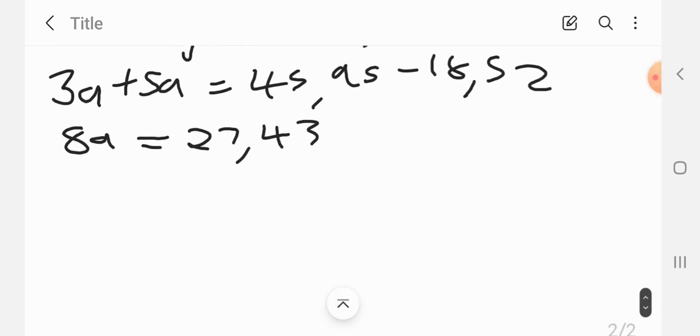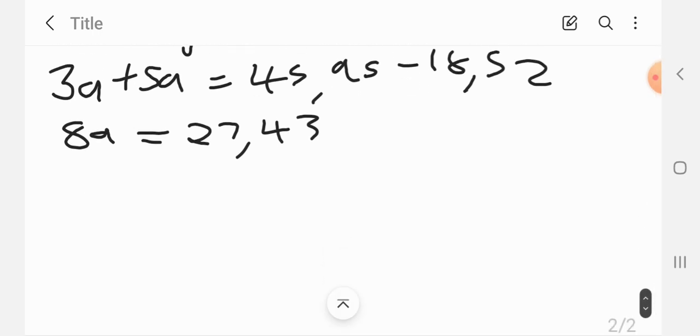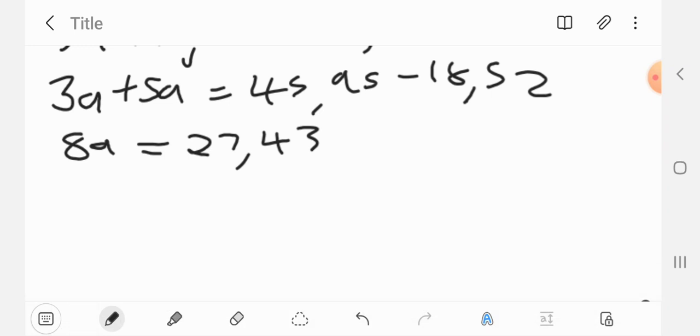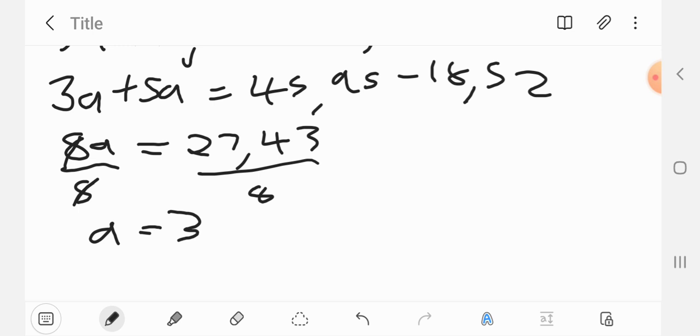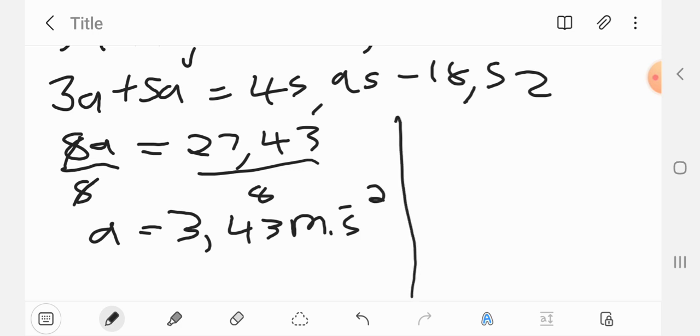Yes, and then we'll divide by 8 to have a by itself. Here a will be 3,43 meters per second squared. You see, so you can substitute into any of those equations.